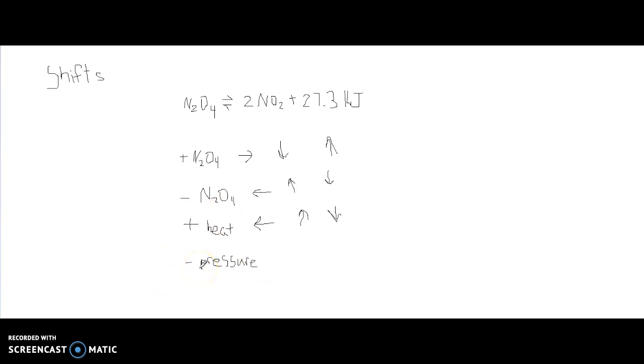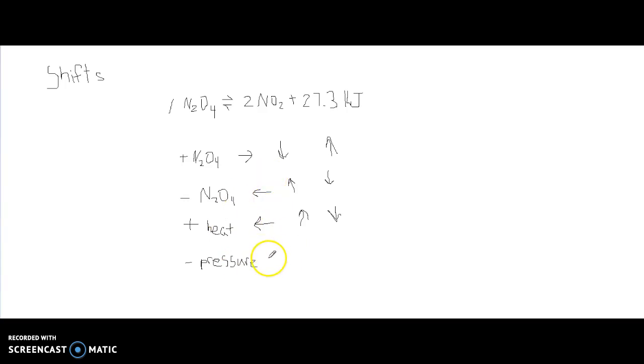Now pressure. Pressure deals with how many molecules you have. And so on this side of the equation we have 1, but on the other side we have 2. So when you're taking away pressure, you go to the side with more molecules.